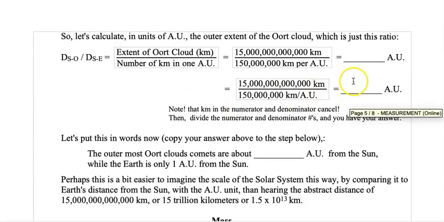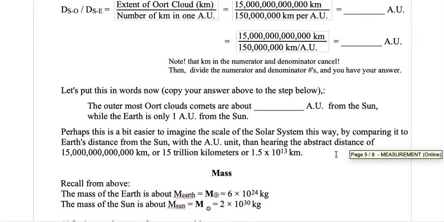And so once you take that ratio, you'll find that the outermost cloud of comets extends to this number, your result, in AU. And so instead of thinking about these large numbers of kilometers, we're going to have a distance in units of astronomical units. And the astronomical unit is the average distance between the Earth and the Sun.